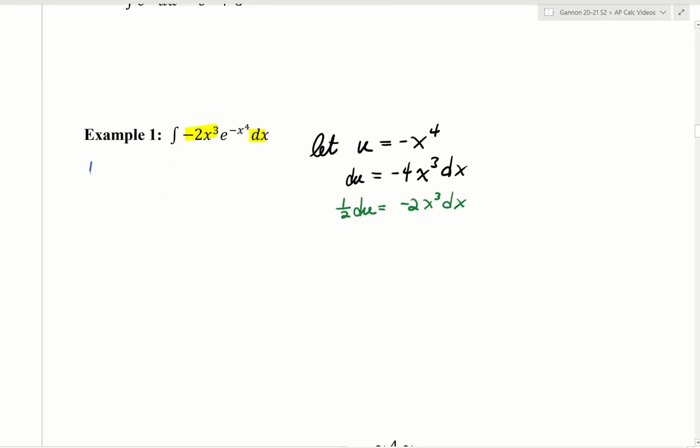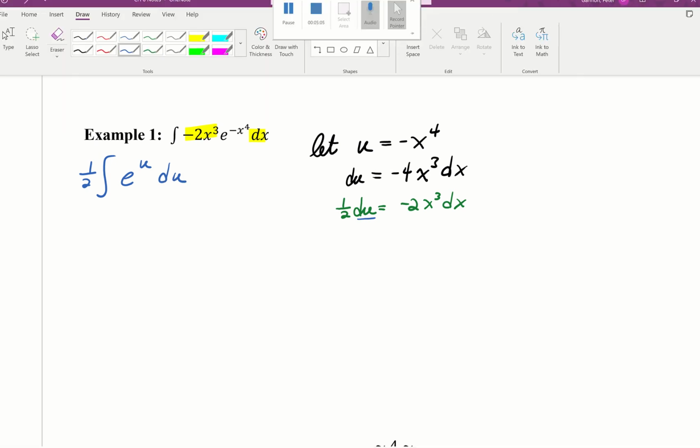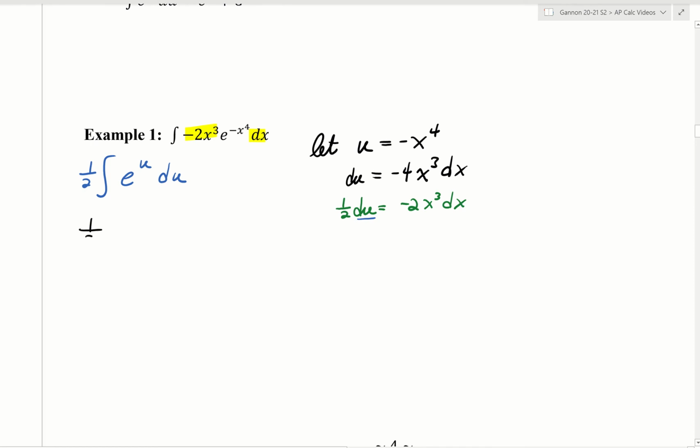So we get 1/2 the integral. The negative 2x cubed dx gets replaced with the 1/2 and the du, and the negative x to the fourth gets replaced with u. So this is simply e to the u du. At that point, it's pretty easy to take the integral of that. It's 1/2 e to the u plus c.